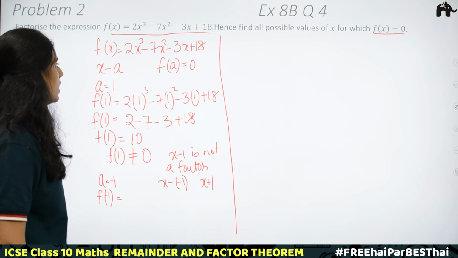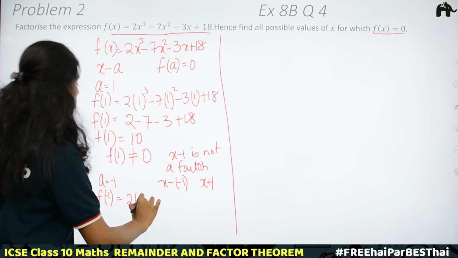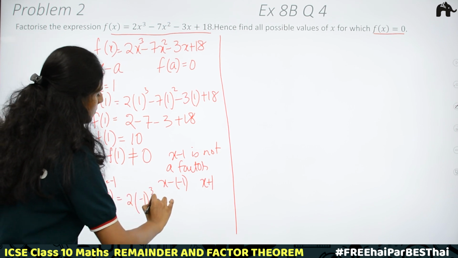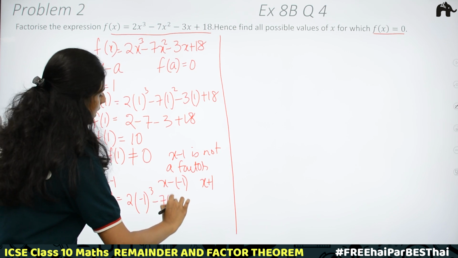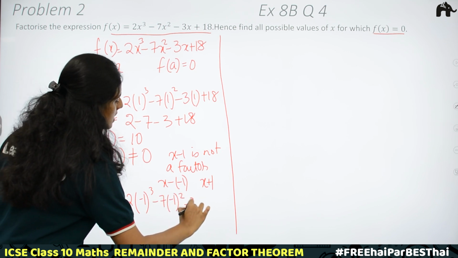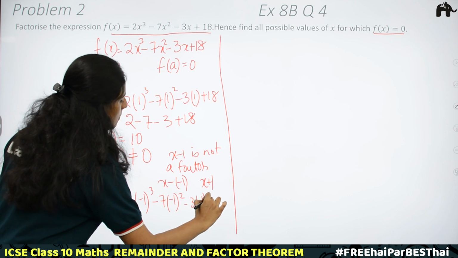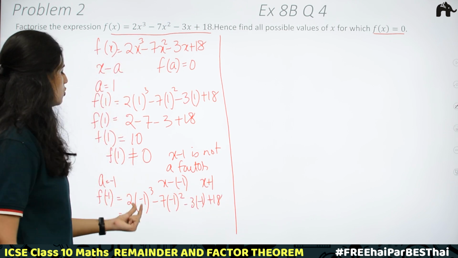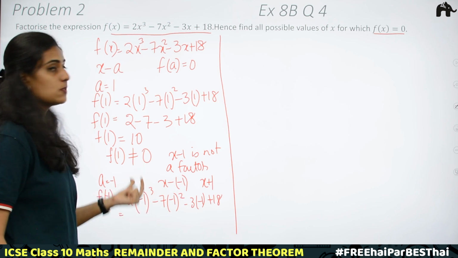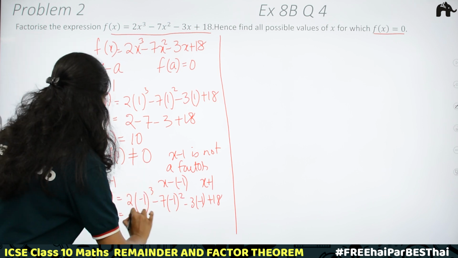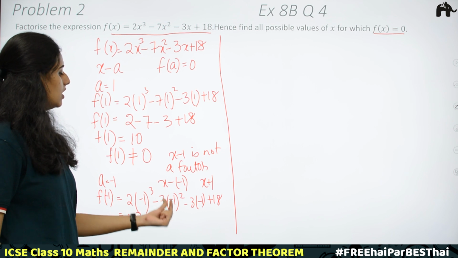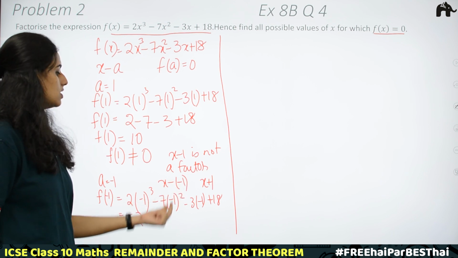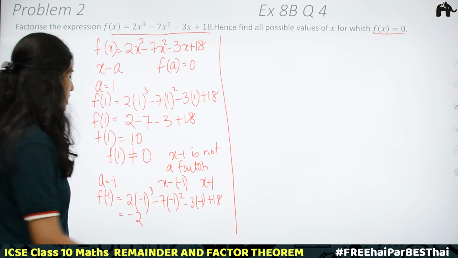f of minus 1 will be equal to 2 into minus 1 cube minus 7 into minus 1 square minus 3 into minus 1 plus 18. That is equal to 2 into minus 1 cube. Minus 1 cube is minus 1. Minus 1 into 2, minus 2. Minus 7 into minus 1 square. Minus 1 square is plus 1 into minus 7.